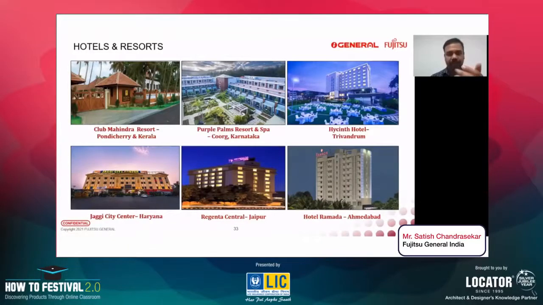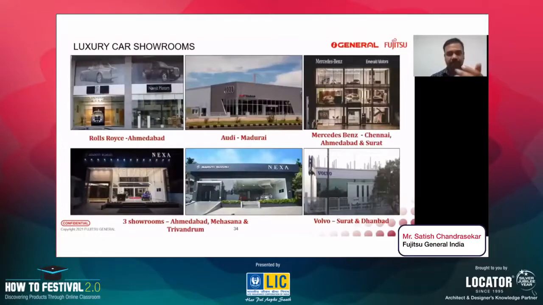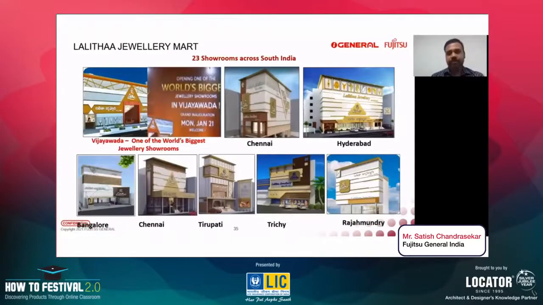And then, of course, when it comes to showrooms, many of the luxury car showrooms have General Air Conditioners. We have Rolls-Royce in Ahmedabad, Audi, Mercedes, Volvo, Nexa, and some of the largest jewelry retail chains in Tamil Nadu. There are about 23 showrooms of Lalita Jewelry Mart where we have installed.